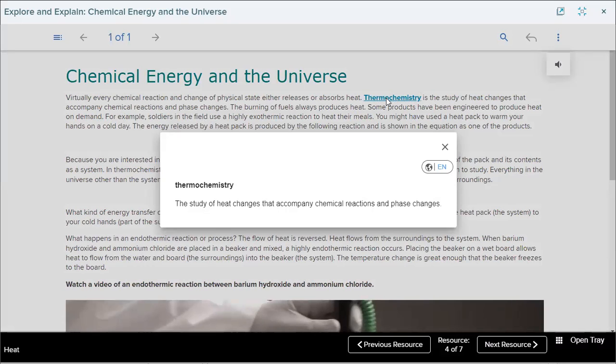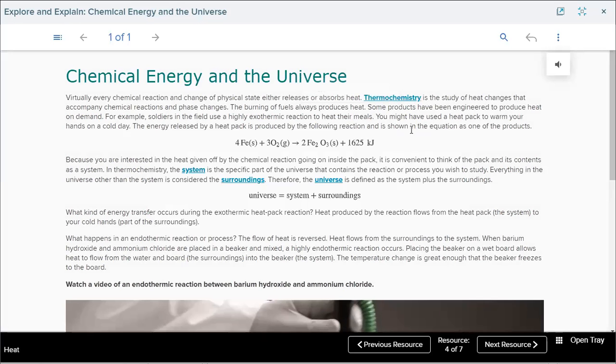The study of heat changes that accompany chemical reactions and phase changes. Okay, so it's the meaning of thermochemistry.